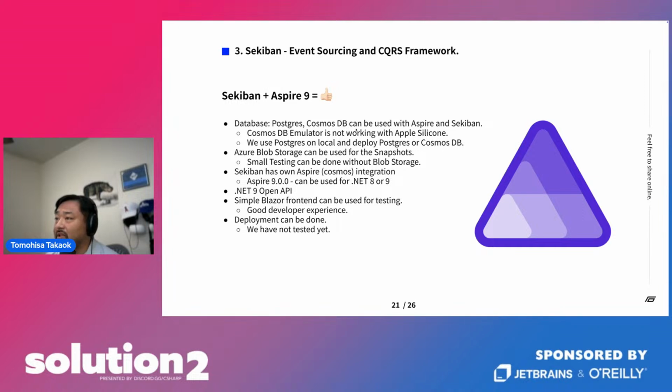Postgres, Cosmos DB can be used with Aspire, and we can create blob storage. We have now implemented Aspire 9.0.0. That way, Aspire 9 can work with either .NET 9 or .NET 8. So developing software locally can be very easy, and you also have the power to deploy it to the system as well.